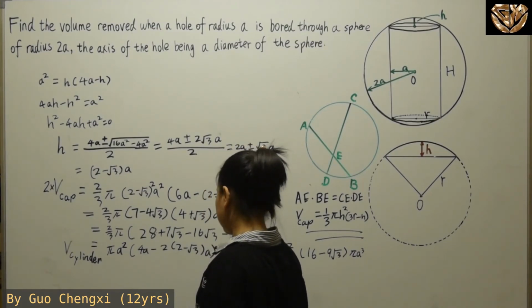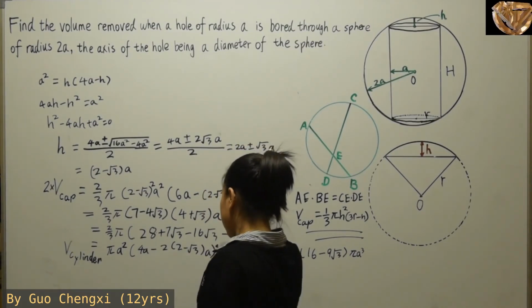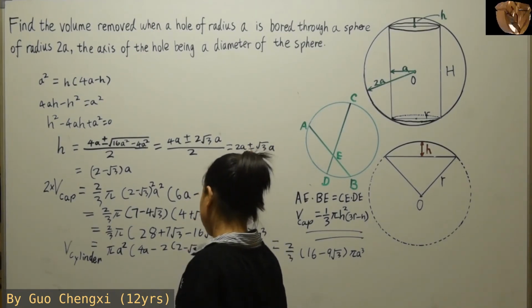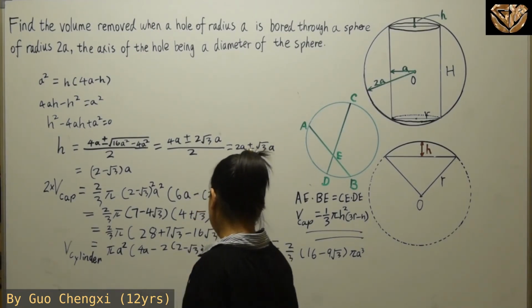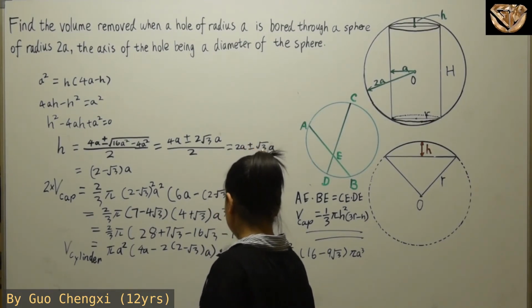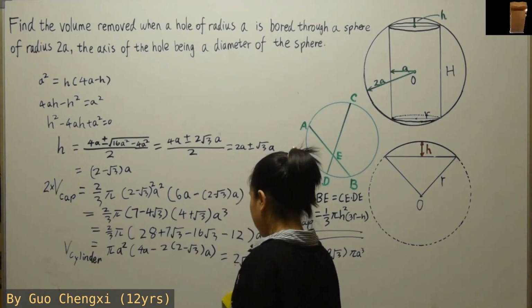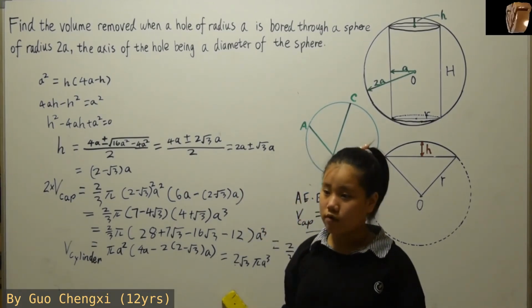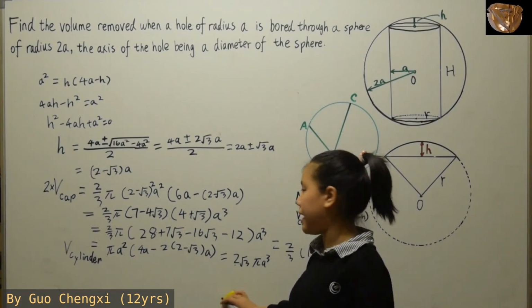So here you're going to get 4, so this part, if you times it, you realize this is 4 minus 2 square root 3, whereas these two will cancel each other out, and you'll realize that this is just 2 square root 3 pi a cube. Okay, so for this part, 2 square root 3 pi a cube.